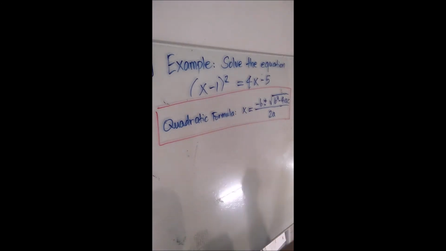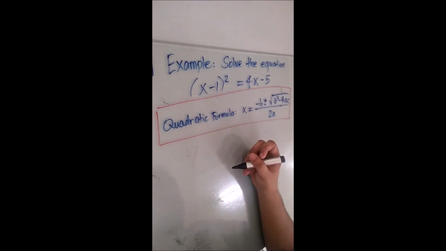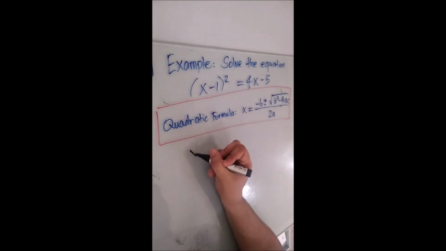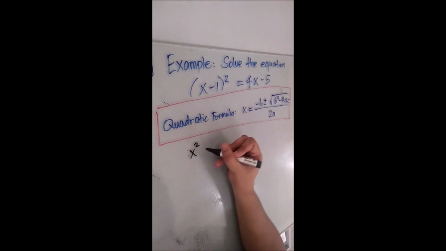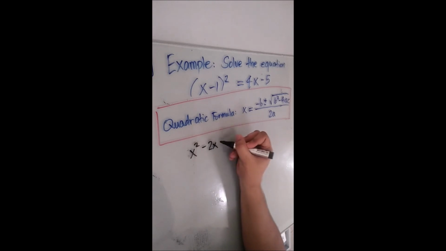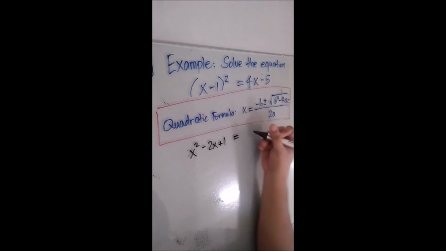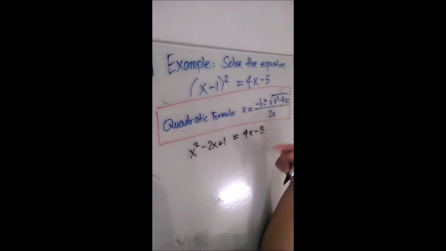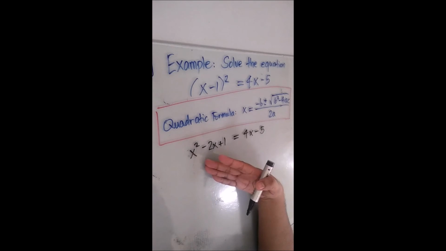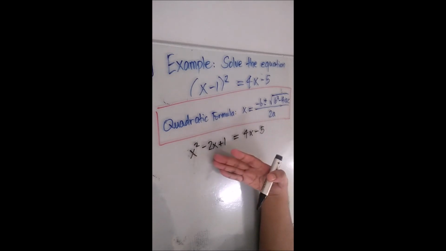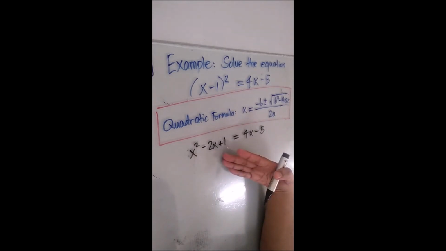Okay, so let's first solve. What is x minus 1 quantity squared? That is x squared minus 2x plus 1 is equal to 4x minus 5. Then, we need to transpose this expression to the left side so that we can have a standard form.